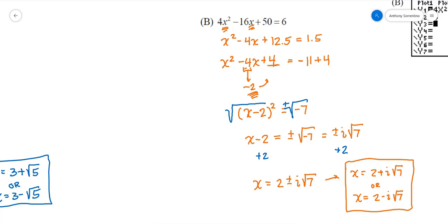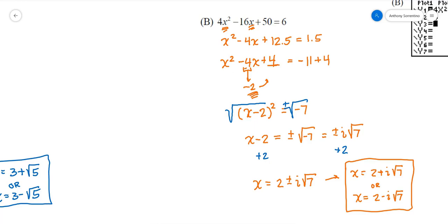If I had tried to do factoring as a methodology of solving it, I would have tried and tried and tried and nothing would have worked. Again, that doesn't mean there wasn't a solution. I found solutions, and I had irrational solutions. Over here, I have complex solutions. So neither one of them are necessarily rational numbers, so I'm not going to be able to use factoring as a method to solve those.